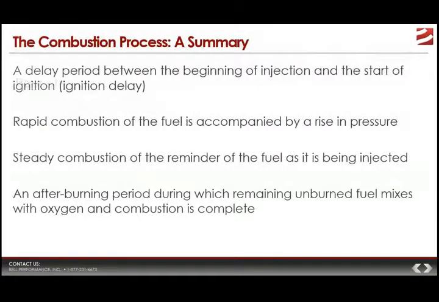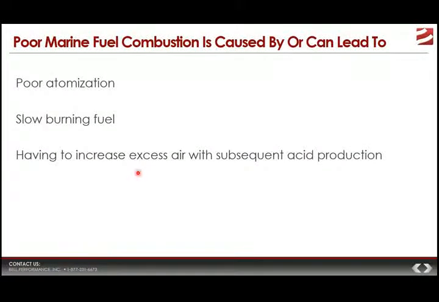Now, this is how the combustion process works if everything happens as it's supposed to. But we know that there are certain things that can come into play in real life that can skew or move combustion away from the optimal. And what are they?